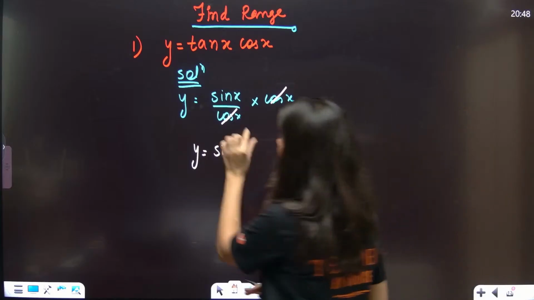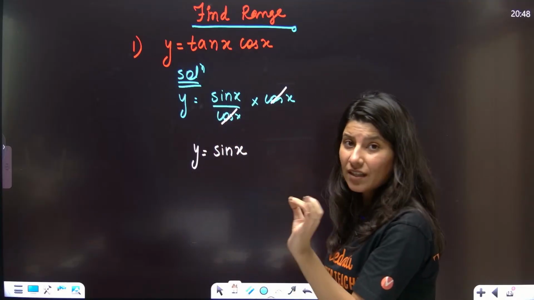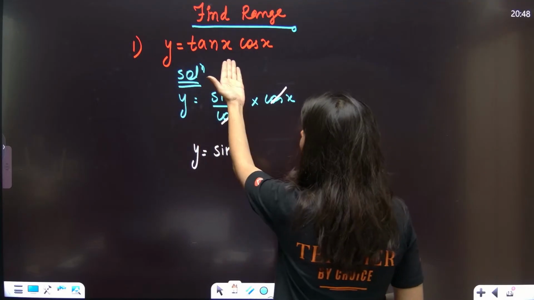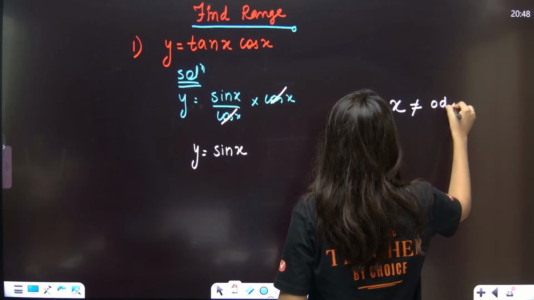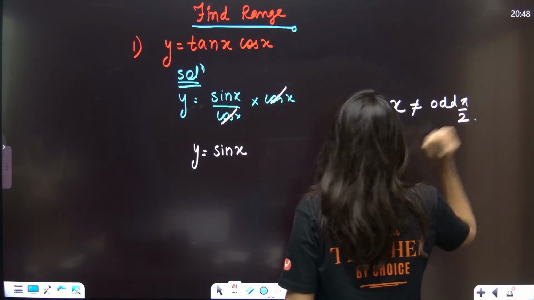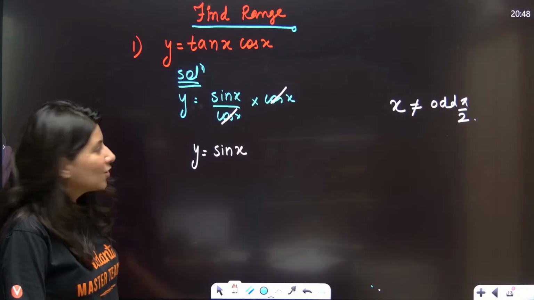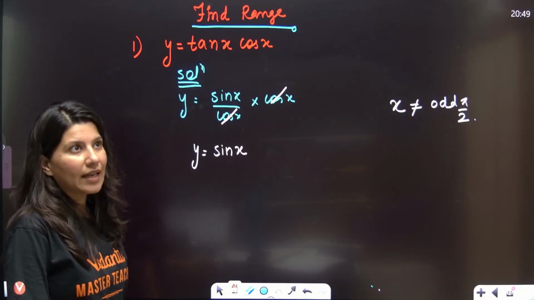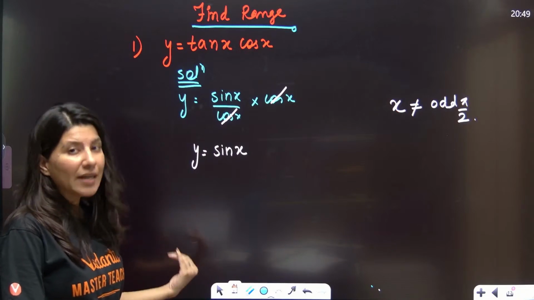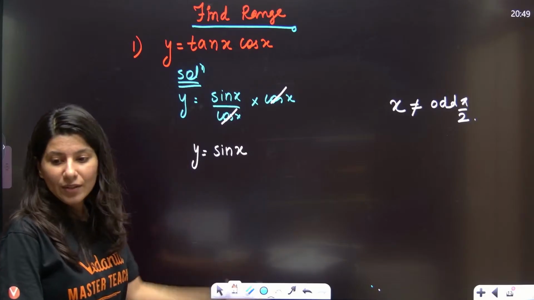So over here, understand that since cos x originally is in the denominator, and if I talk about tan x, we know that x can never be odd pi by 2. Can I just put x is equals to pi by 2? No. Can I put x is equals to minus pi by 2? No. 3 pi by 2? No. X can never be such values.